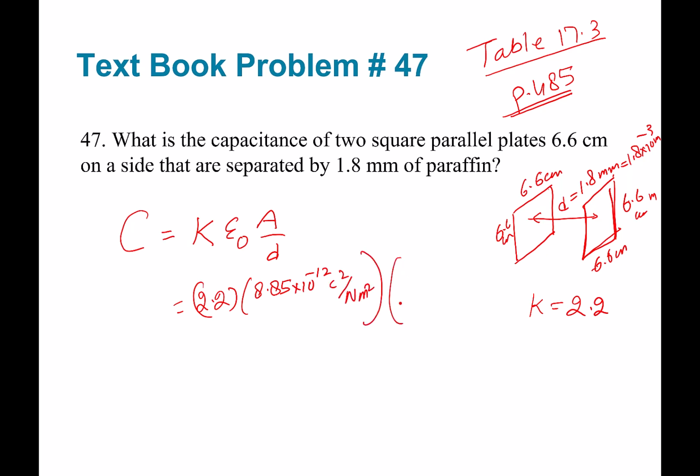Then the area is 6.6 times 10 to the power of minus 2 meters, whole squared. You have to square that because the plate is square. And the distance of separation, 1.8 millimeters, is 10 raised to the power minus 3 meters.